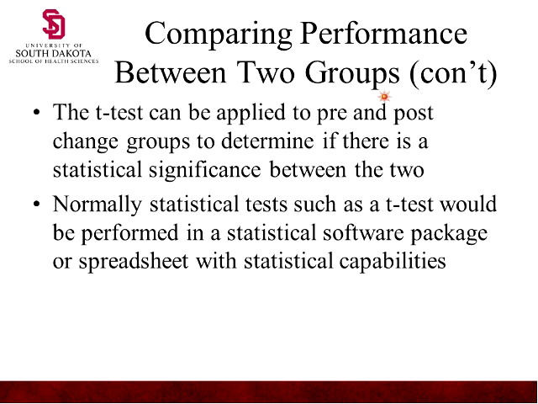Now, the t-test can be applied to pre- and post-change groups to determine if there's a statistical significance between the two. And normally statistical tests such as the t-test would be performed in a statistical software package or a spreadsheet with statistical capabilities.